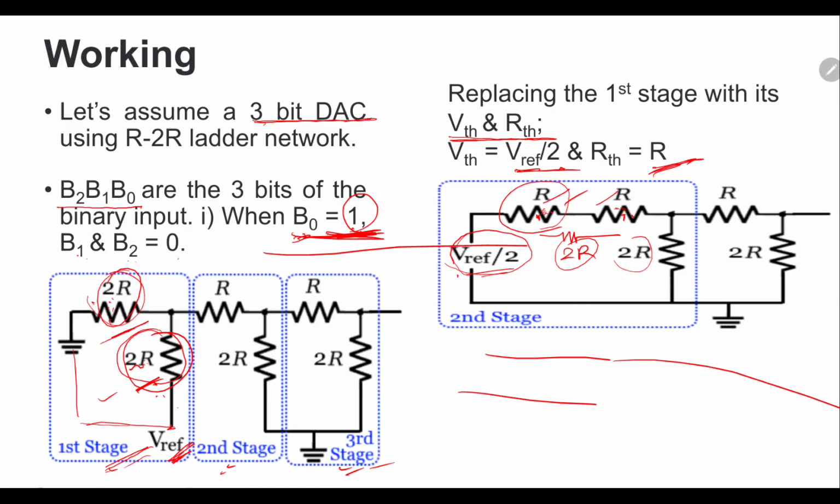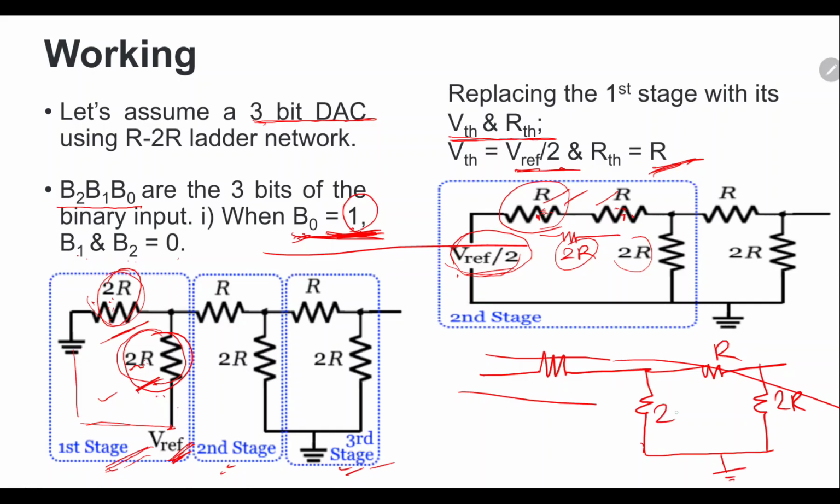because here we have V reference by 2. If I redraw the circuit, it is like this. This part is as it is, the R, 2R part is as it is, they are grounded.